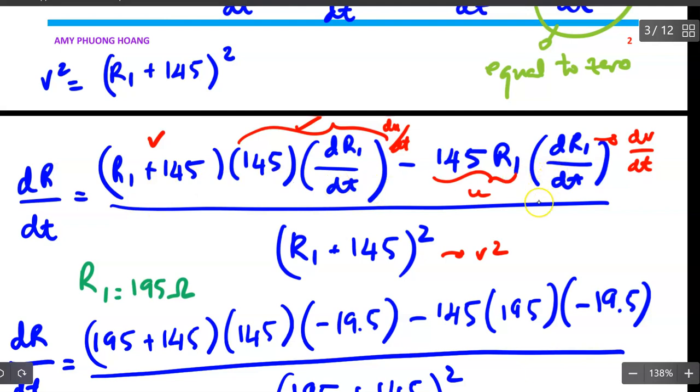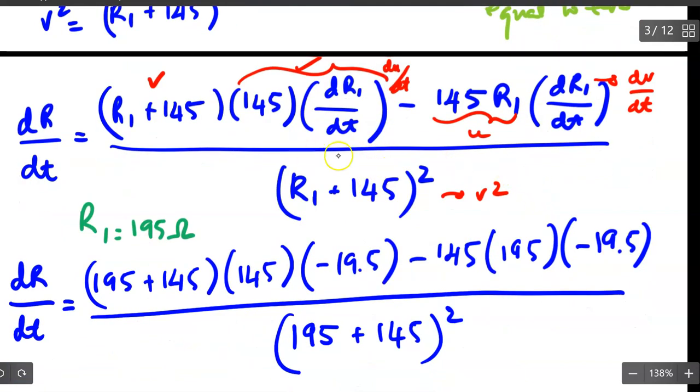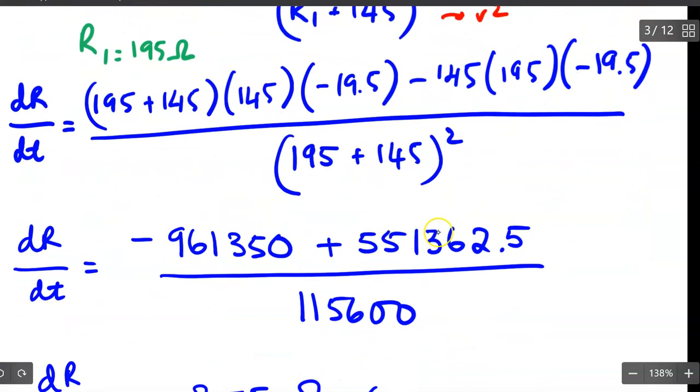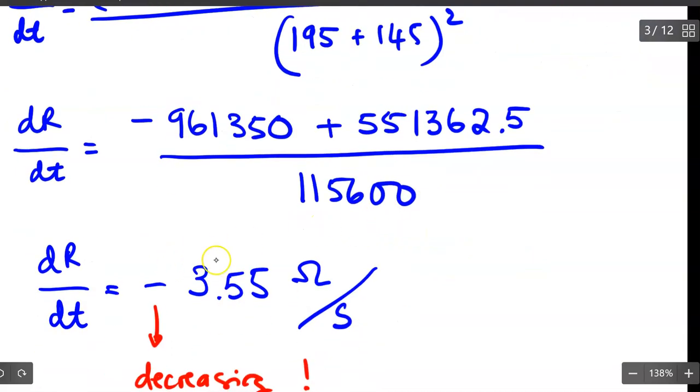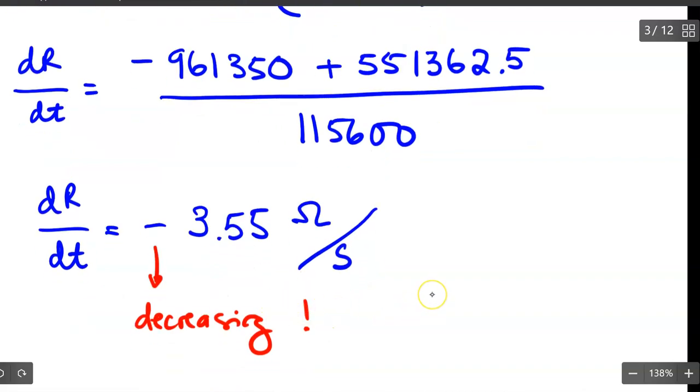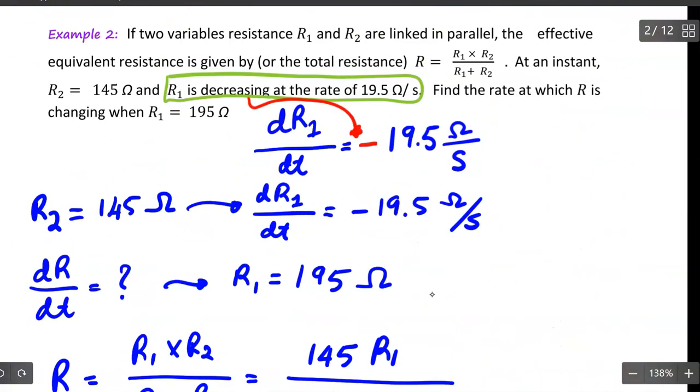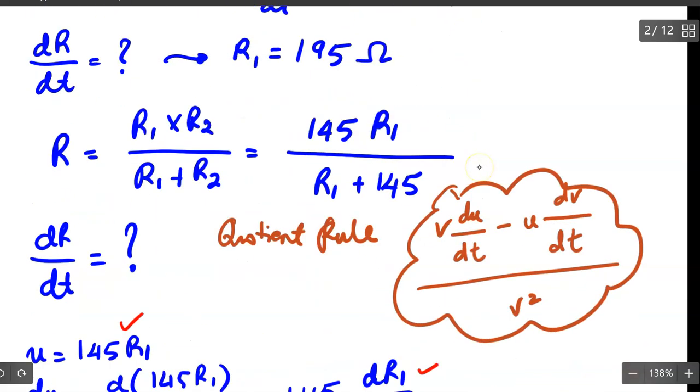Substitute into the equations, make sure we have the formulas and all our numbers correct, and use the calculator. Here is the number that I got, and in the end the final answer is negative 3.55, representing decreasing as indicated in the word problem here.